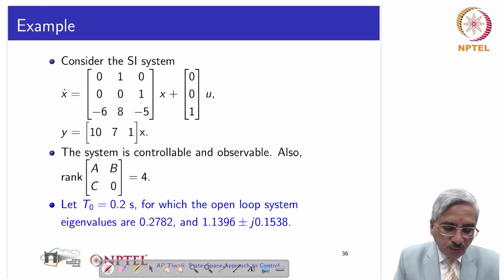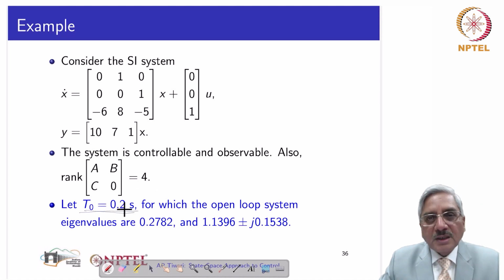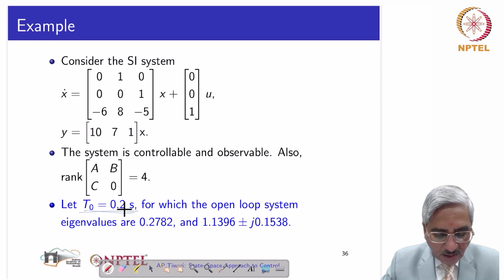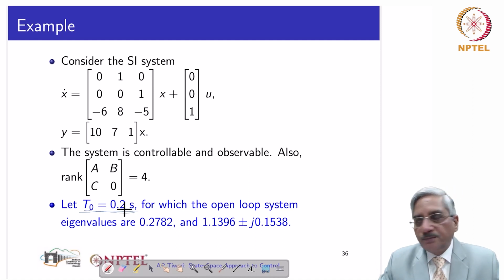So we choose T0. Of course, in practical systems there will be considerations, but in this example we arbitrarily choose T0 equal to 0.2. Essentially, we should have enough samples which bring out the essential characteristics of the system.